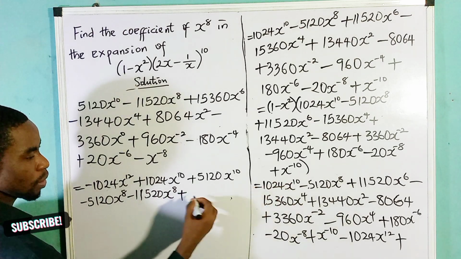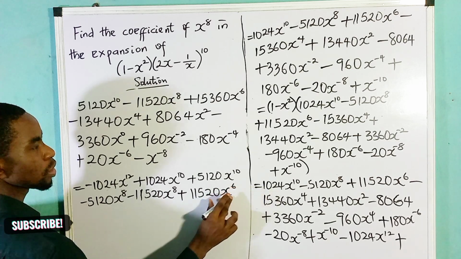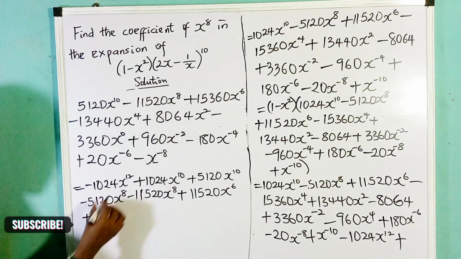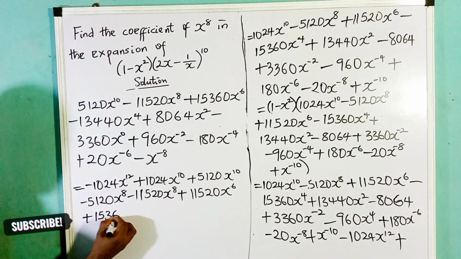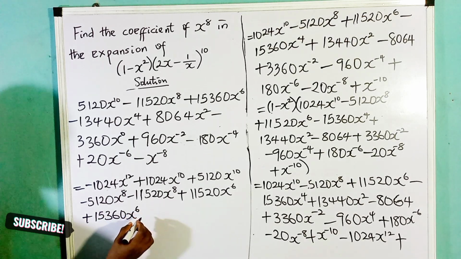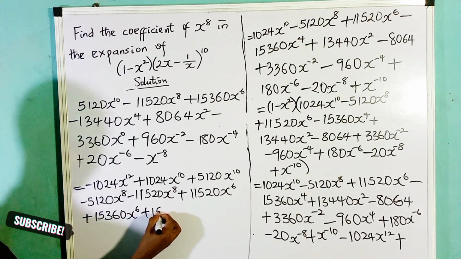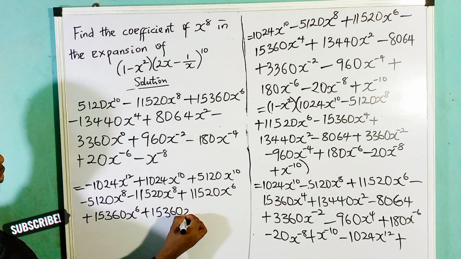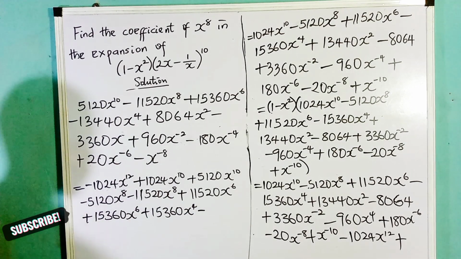Plus 11520 x raised to power 6, plus we have 15360 x raised to power 6. Then we have plus 15360 x raised to power 4, minus, is it plus?